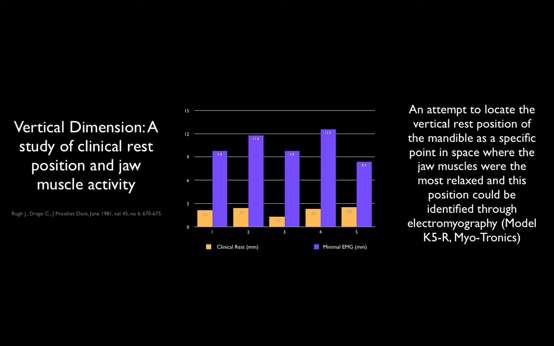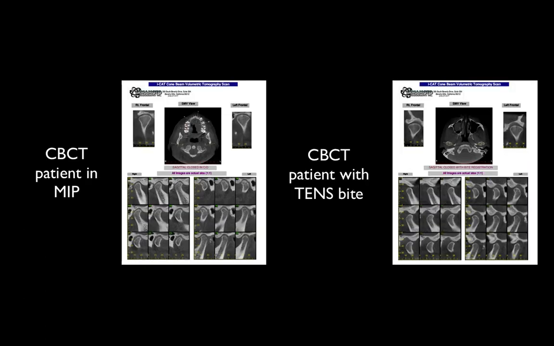And the only way you can get this type of posterior tooth separation is via Christensen's phenomenon. In other words, the condyle must translate down the eminence to allow the posterior teeth to separate. Interestingly enough, I had a patient come in that was worked up. They wanted new veneers, and they were worked up in a neuromuscular office, and I decided to get some CBCT images.